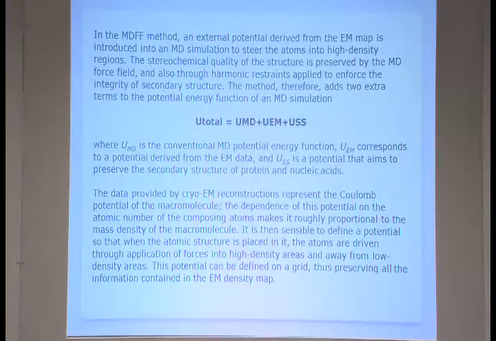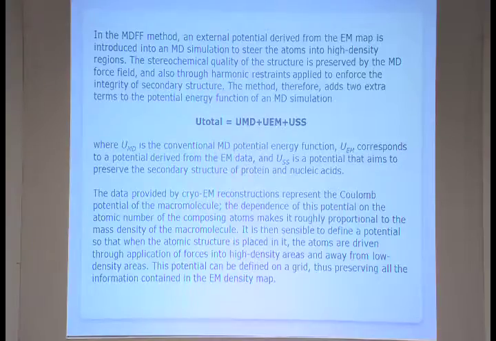potential here, where the EM map is actually the Coulomb potential, and that is somewhere proportional to the atomic number of the atoms present at that region. Very crudely, we can say it's proportional to the mass density of that position.